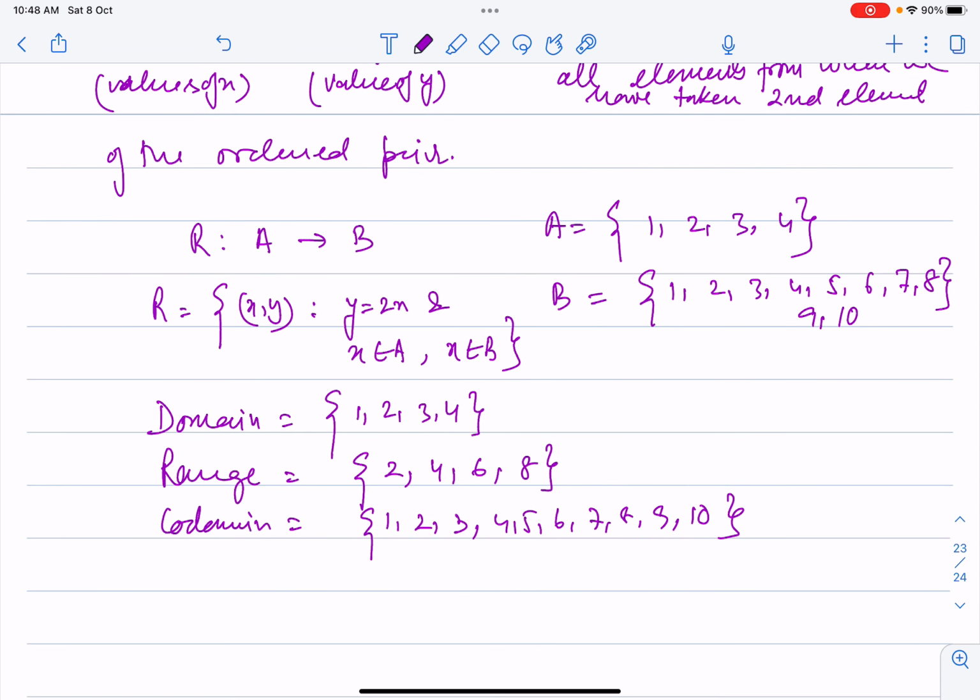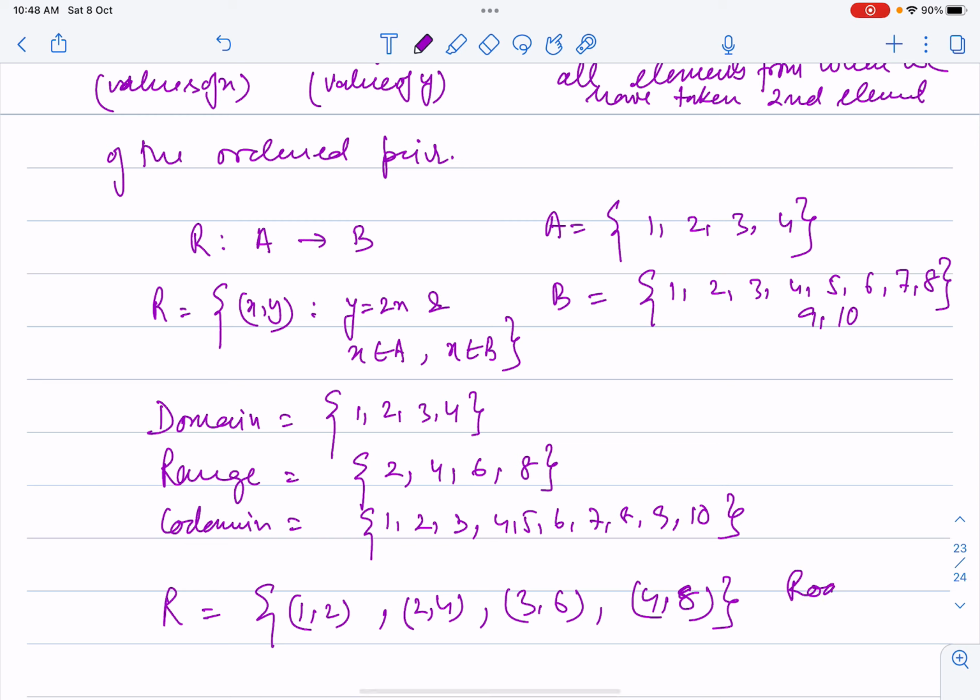The relation can be written as (1, 2), (2, 4), (3, 6) and (4, 8). When I write the relation in this form, this is called roster form, and this way of writing a relation is called set builder form.